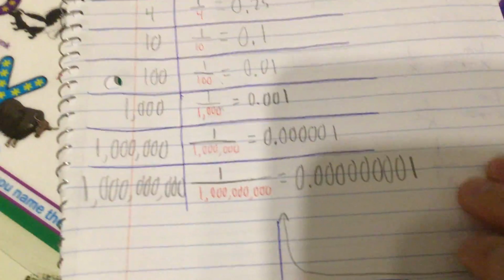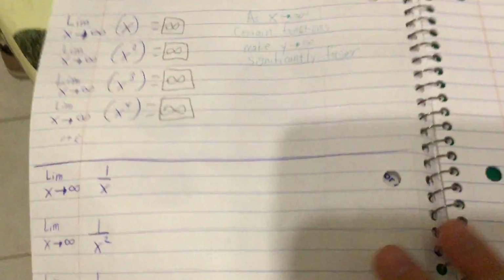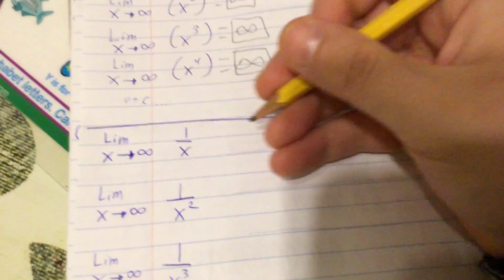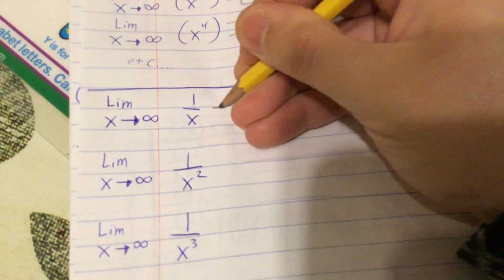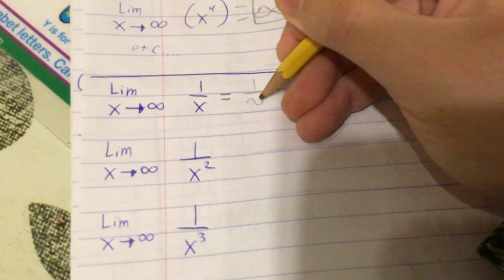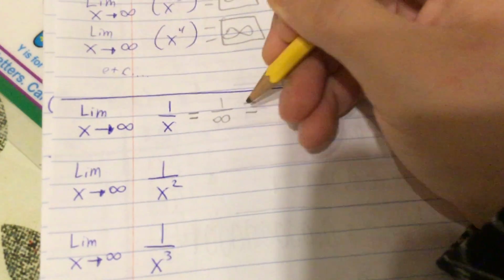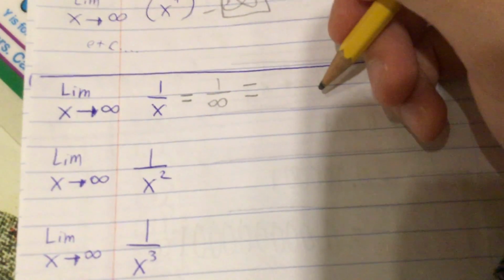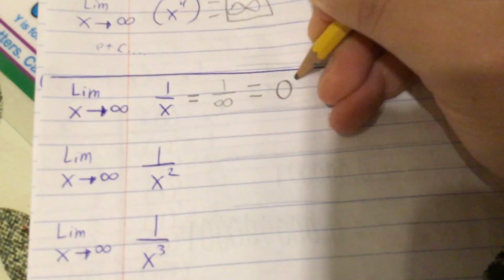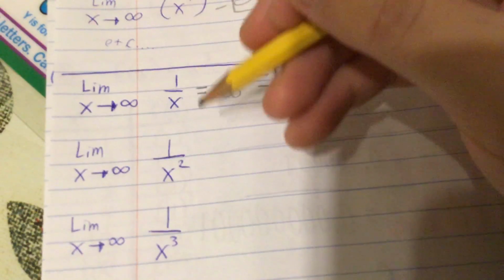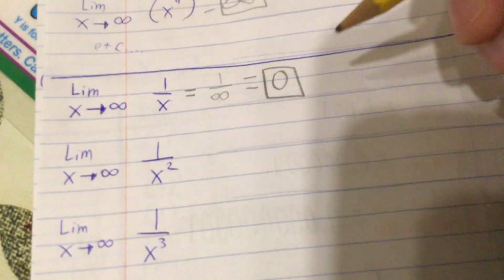So the main idea, going back to our main idea, if I have the limit as x approaches infinity, if I plug in 1 over infinity, 1 over infinity is so close to 0, it's practically 0. So we say the limit as x approaches infinity of 1 over x is 0.